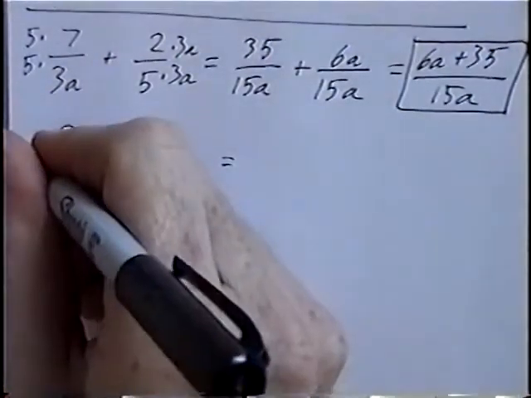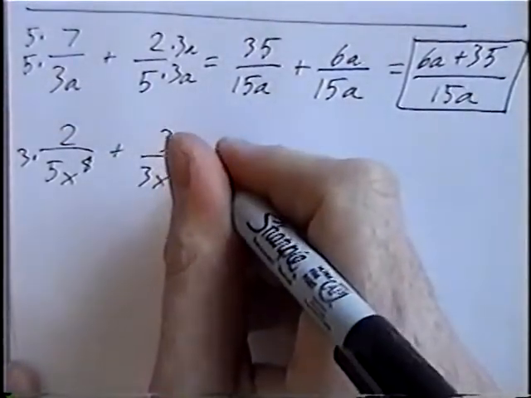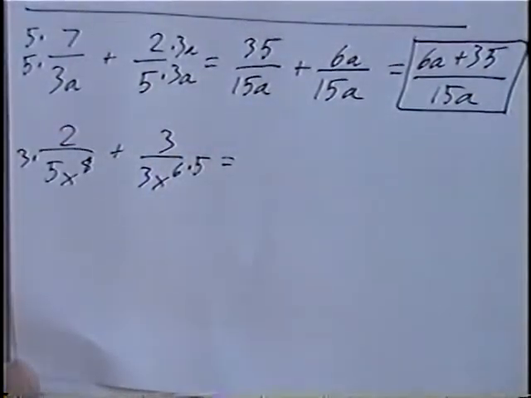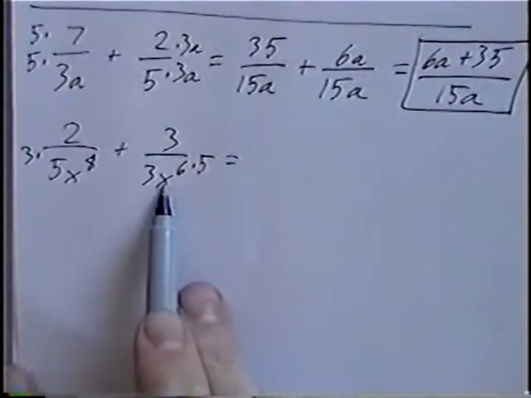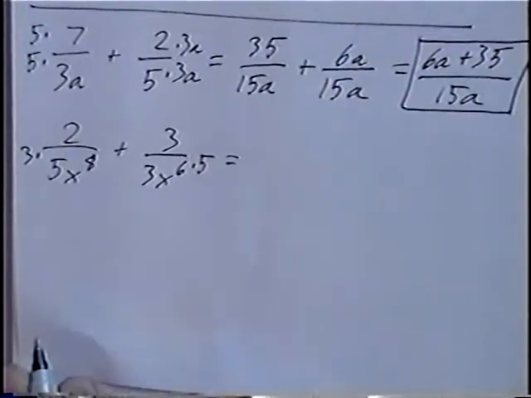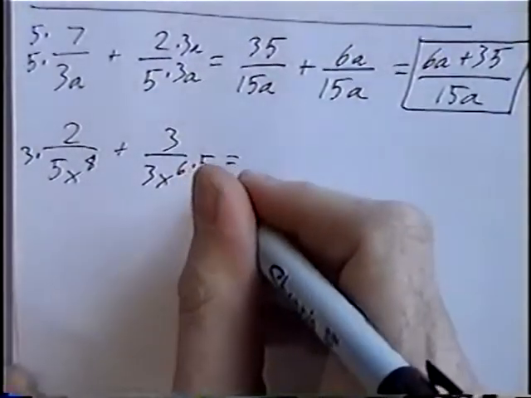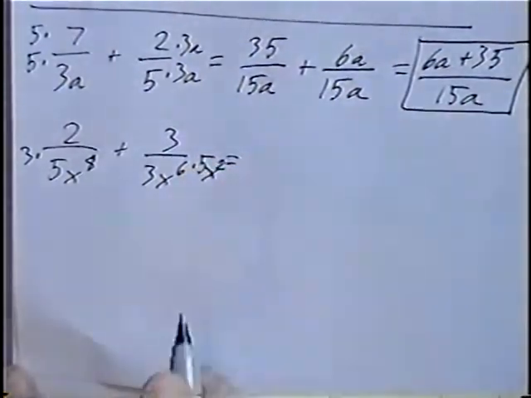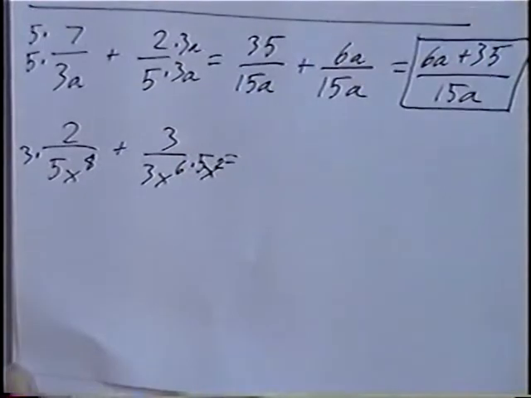So the 5 will have to multiply by 3, and the 3 will have to multiply by 5. Also, the variables must be the same. If this is x to the 8th, this one's x to the 6th. We can change this one into x to the 8th by multiplying by x squared. X to the 6th times x squared would be x to the 8th.